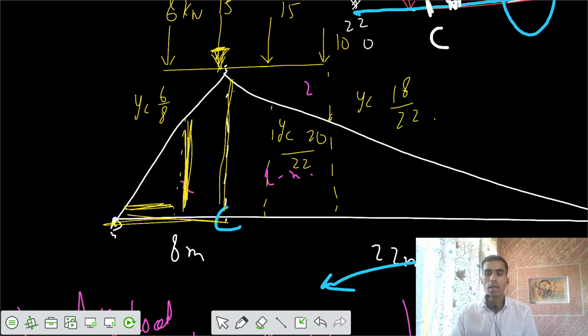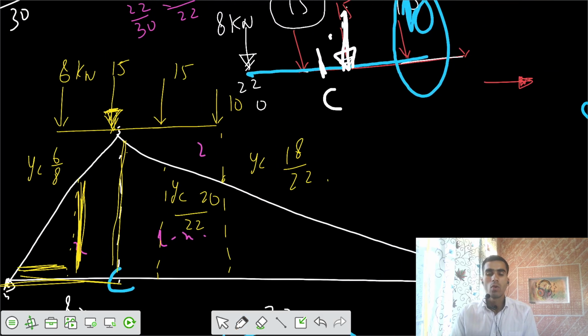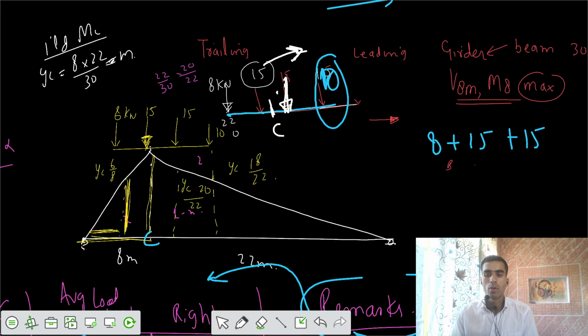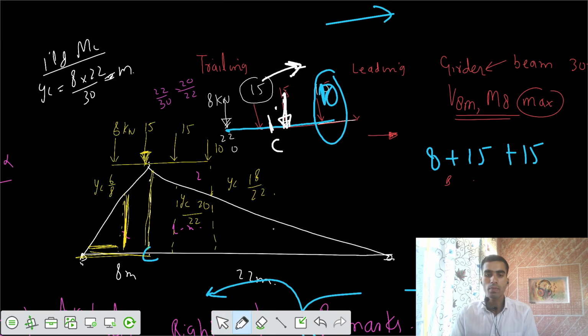So I got the ordinates, and I multiply them with the loads, and I can get the total moment at C to be maximum. So MC is equal to 8 kilonewton into the ordinate of 6 by 8 meter. YC we can keep common.